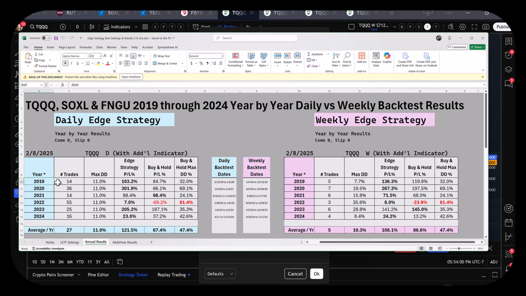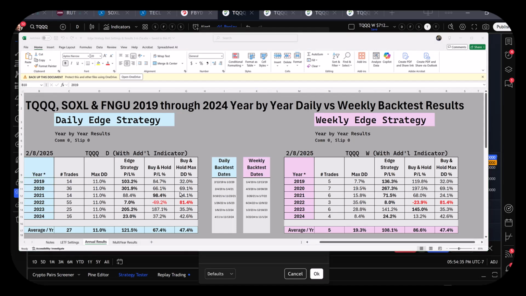If I do that, what's going to happen? And in that particular year, it would have generated 14 trades for the daily strategy, had a max drawdown of about 11% and 103% return, compared to buy and hold of 84% and a max drawdown of 32%.